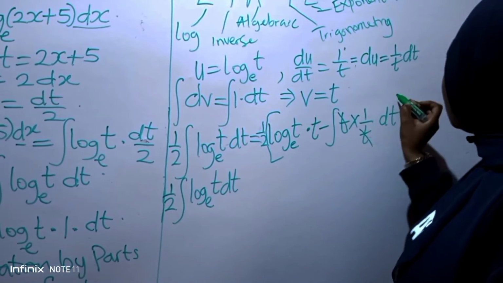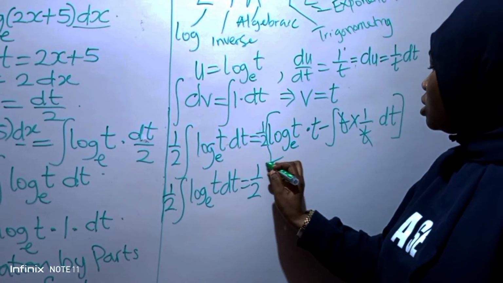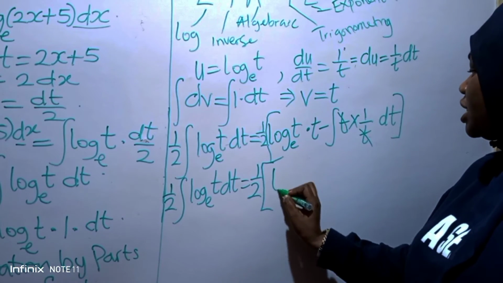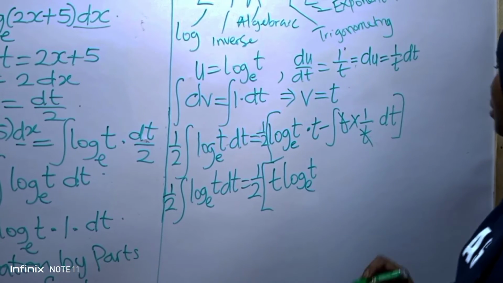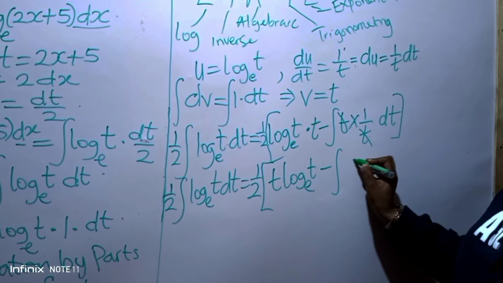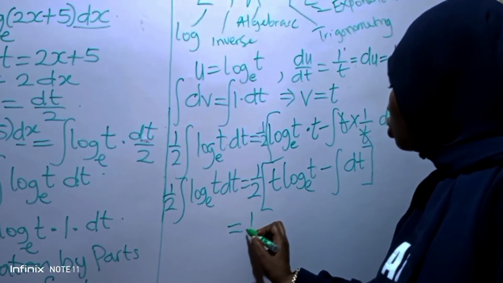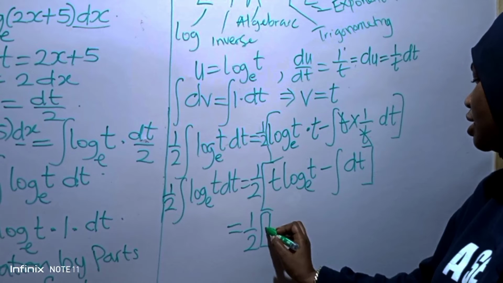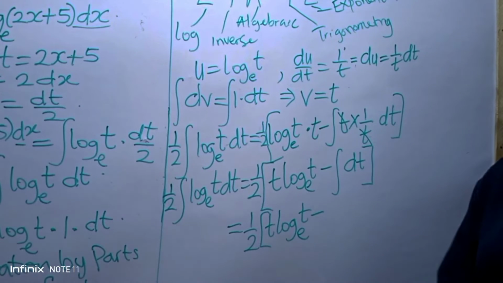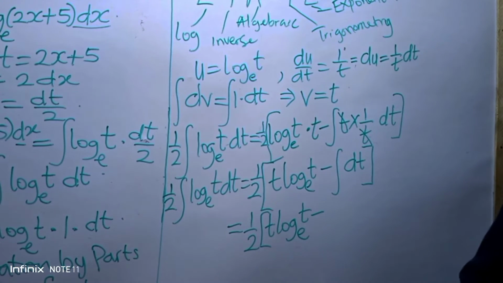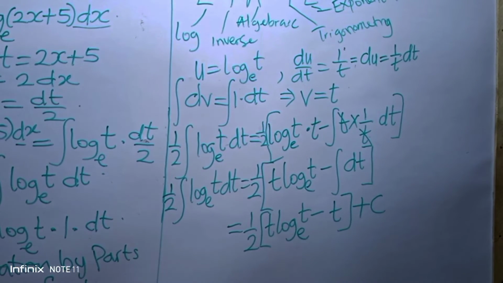So it is equal to 1 over 2 into bracket t log t base e, minus the integral of dt. So we have 1 over 2 into bracket t log t base e minus t, close bracket, then don't forget the constant c.